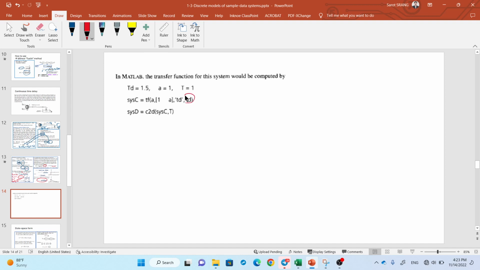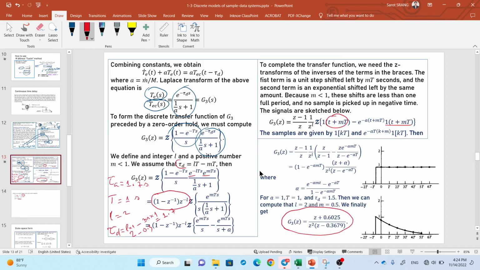Let's say TD of 1.5, for example, and when you analyze the discrete time using a sample time of 1 second, you just input it in here. Okay, but in Scilab it's not so easy. You need to do some parts manually, and then you can simulate once you already have the transfer function in discrete time like this.